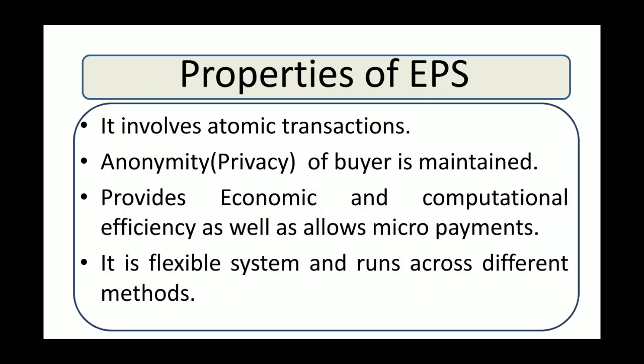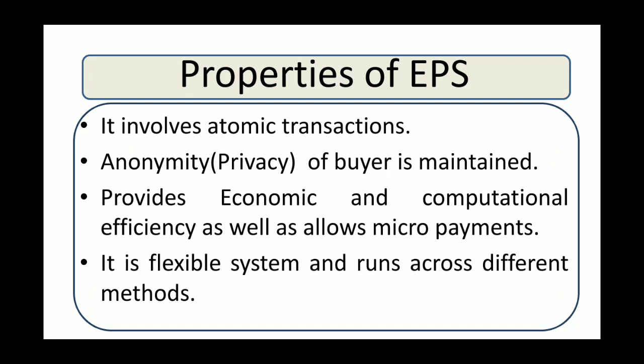The next, it involves atomic transactions. Anonymity, privacy of the buyer is maintained. Whatever you are using, your credit card, debit card, everything will be private, that privacy will be maintained. Then it provides economic and computational efficiency as well as allows micro payments.